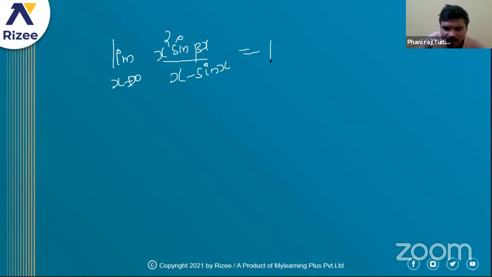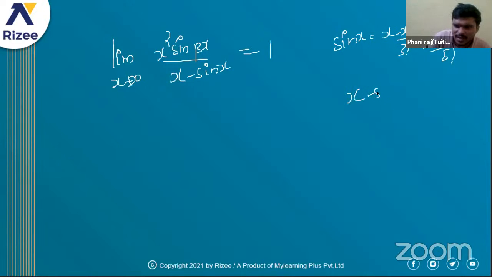Okay. So now, again, please use the expansion of sin x: sin x = x − x³/3! + x⁵/5! and so on. So x − sin x will give you x³/3! − x⁵/5! and so on.